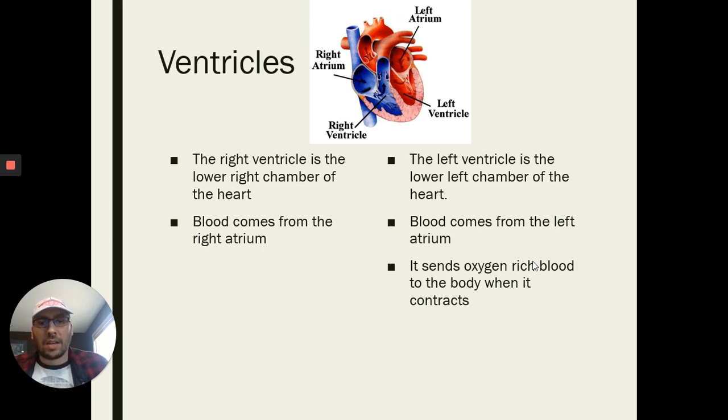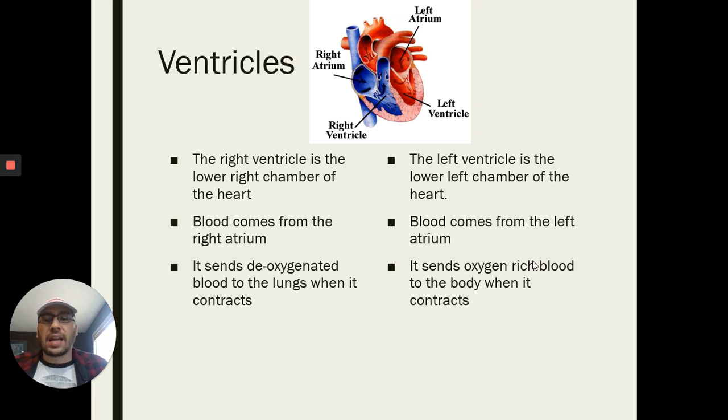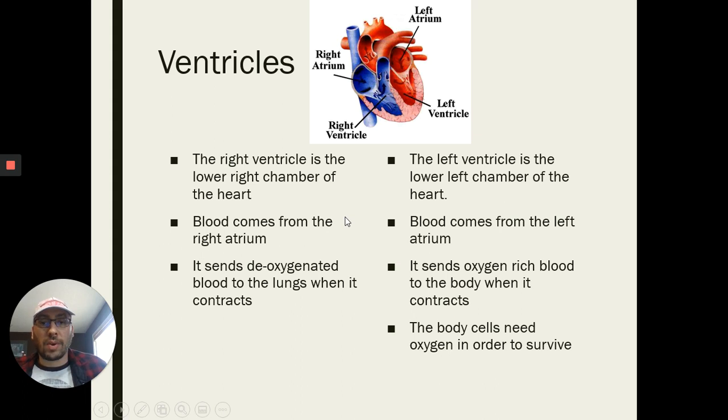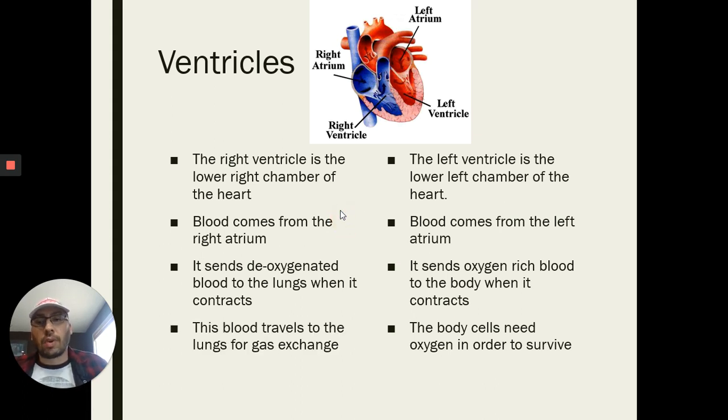It's a big pump. And then on the right-hand side, it sends that deoxygenated blood, that blood with the carbon dioxide in it, to the lungs. The blood cells need oxygen to survive, so that's why they're sending oxygen to the rest of our body. We need that oxygen. And on the same token, the blood travels to the lungs to go pick up that gas, to pick up that oxygen, which we talked about in the respiratory system.